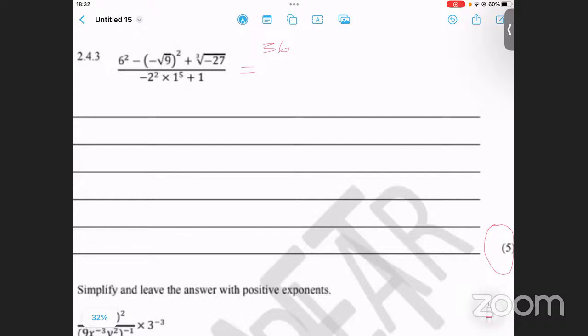So it's going to be 36 minus 9 plus the cube root of 27, which is 9. So it's going to be 36 minus 9 plus 9.